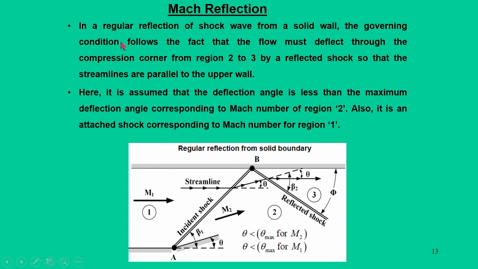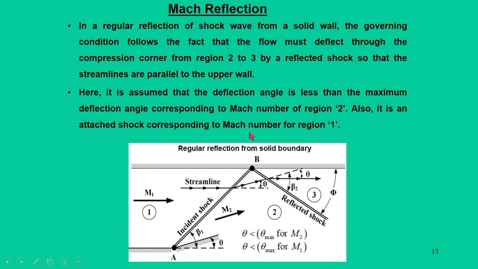So, what we can say here is that for regular reflection from a solid wall, the governing conditions follow the fact that flow must deflect through the compression corner by a reflected shock, so that the streamline is parallel to the upper wall, and in this case it is assumed that the deflection angle is less than the maximum deflection angle corresponding to the Mach number in region 2.